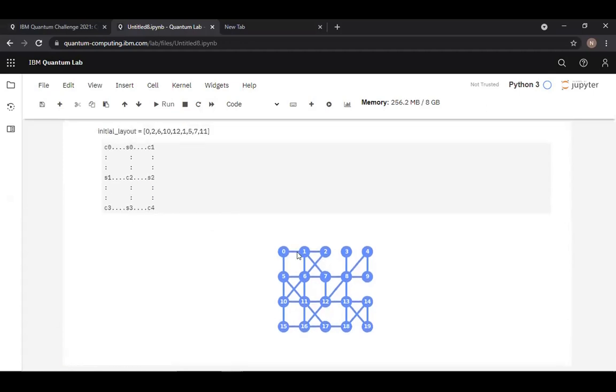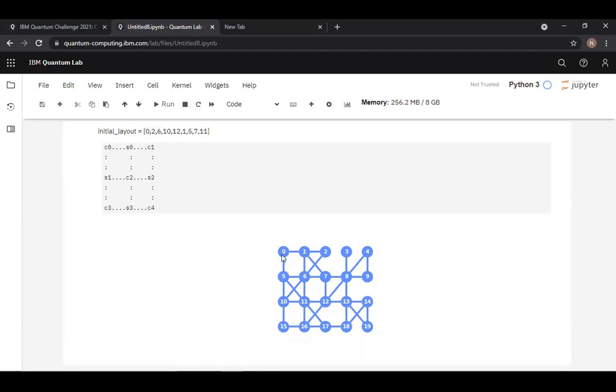So just try to map this figure: take this particular 3 by 3 system, 0 1 2 5 6 7 10 11 12, and try to map that with C0 S0 C1 S1 C2 S2 and C3 S3 C4.